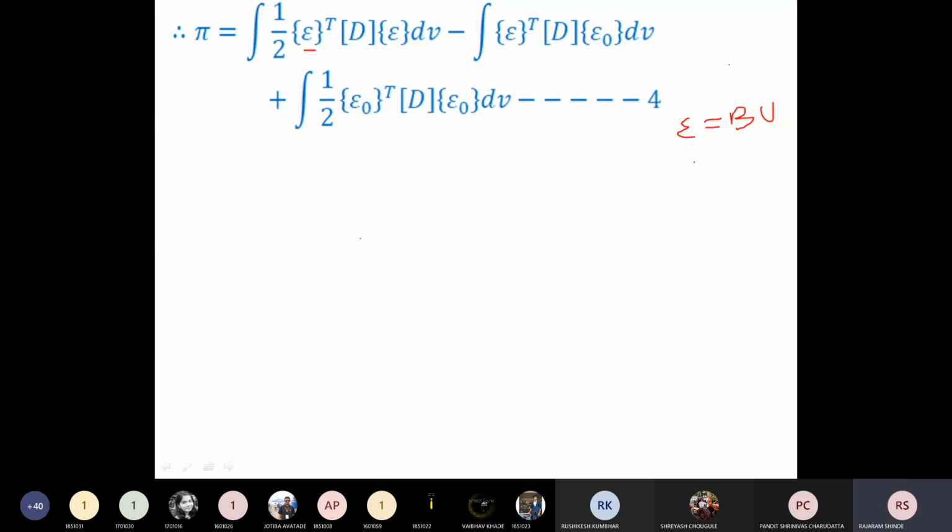And epsilon transpose is equal to u transpose into b transpose. It is not new for you. Here you have studied a lot of times, you have solved a lot of numericals on this, because it is one part of the matrix.